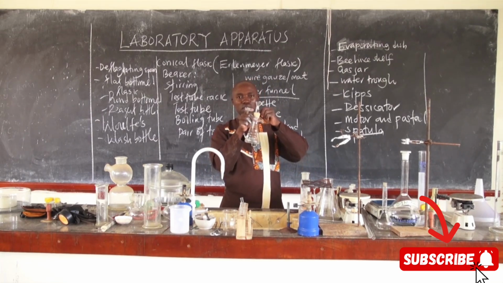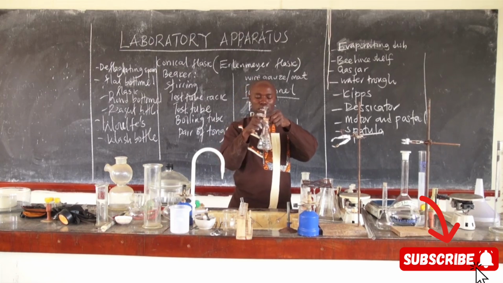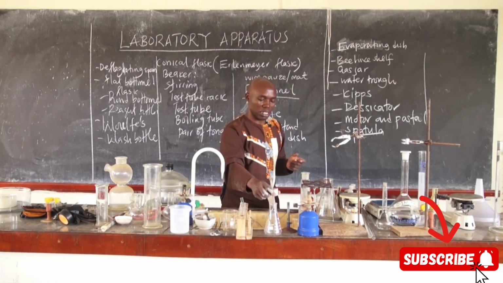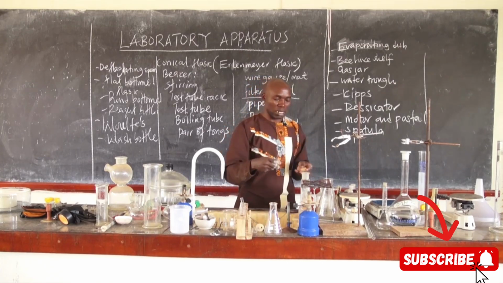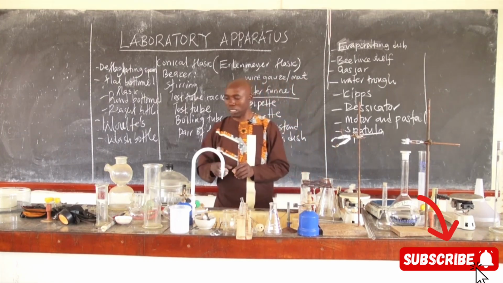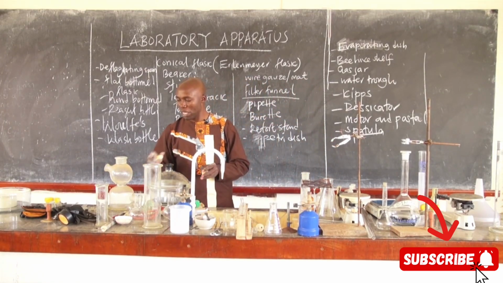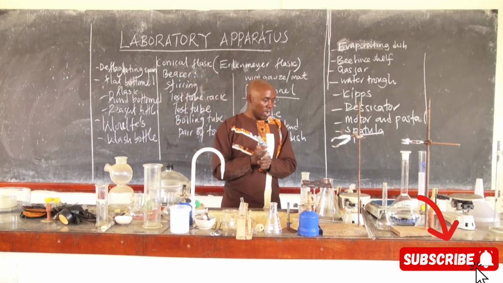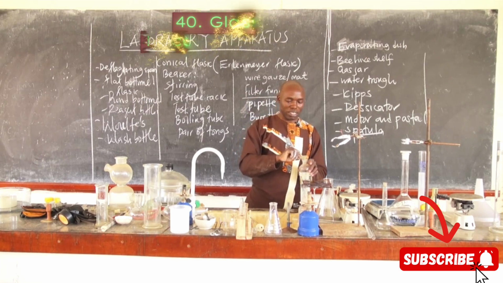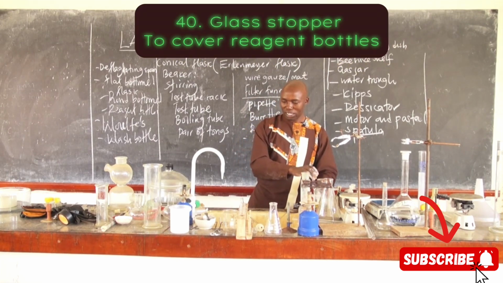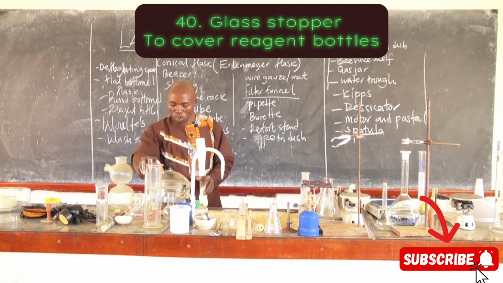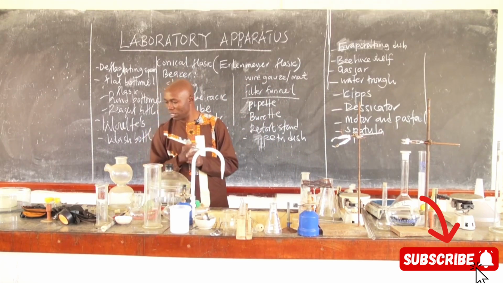They are used to cover the mouth of apparatus normally with the purpose of maybe preventing gases from escaping and preventing moisture from entering other substances, or the vapor disturbing our reaction mixture. The cover normally for the reagent bottle is called a glass stopper. Didn't talk about that. So with me, I think I've exhausted all the apparatus that are around me here.